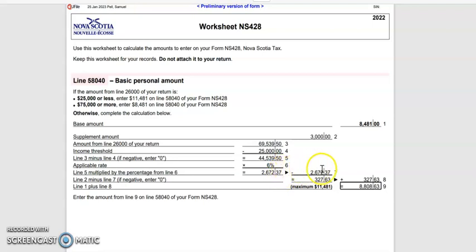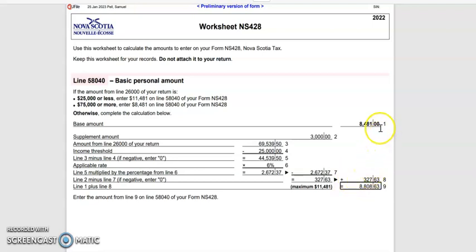to give you your 2672.37. Bring that over. Subtract that from your 3,000 supplement. So it's telling you that of that 3,000 supplement, because you made so much money, you are only entitled to $327.63 of it.